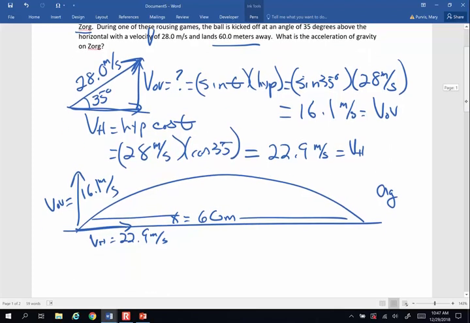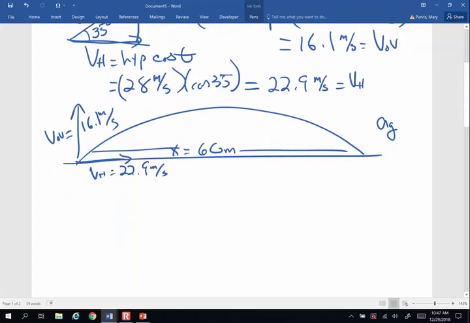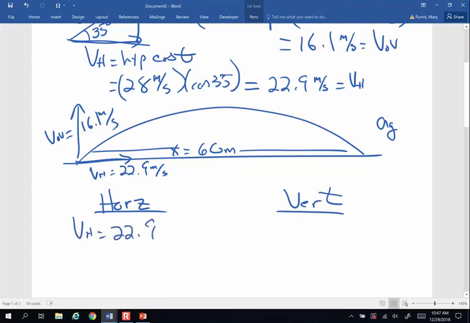To do this, as always in projectile problems, I have to have two columns, a horizontal side and a vertical side. On my horizontal side, I know 22.9 meters per second. I know it's going to travel 60 meters.